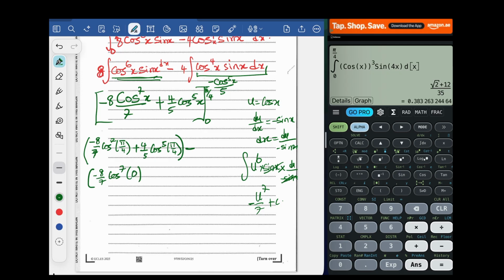So 0 plus 4 by 5 cos to the power of 5 of 0.